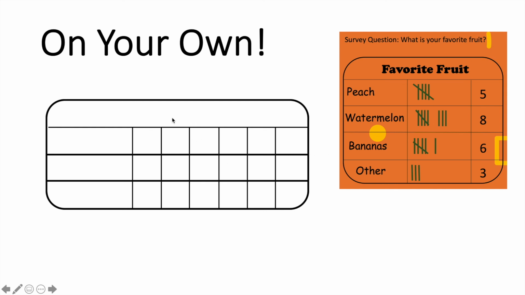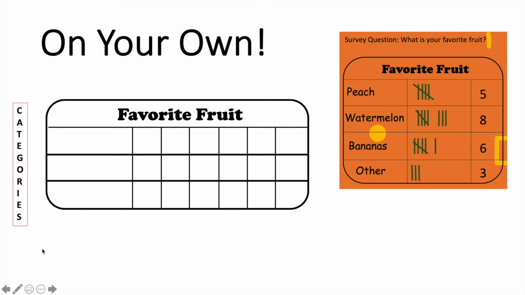So what goes here on the top? Very good, my title, right? And what is my title? Favorite fruit. Then on this side, I'm going to write my categories, right here. So my categories are peach, watermelon, bananas, and others.